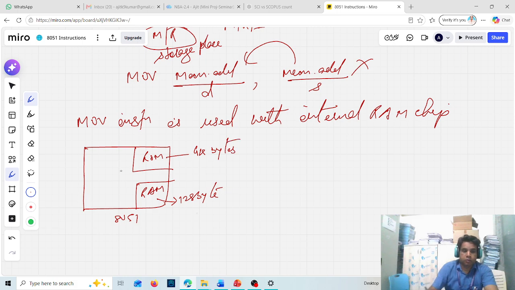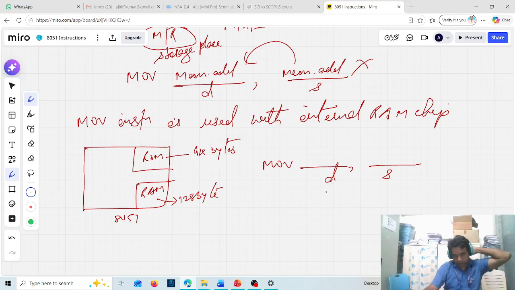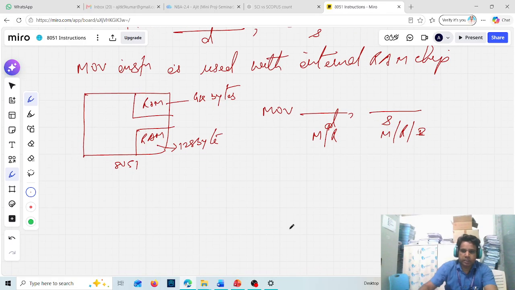So when you are going to use move instruction, you know this is again having destination and source. So here I said that this could be register or memory address, or this could be memory address, register, or immediate value. So when I'm talking about this memory address, then this memory address is actually the memory address of RAM, of internal RAM.